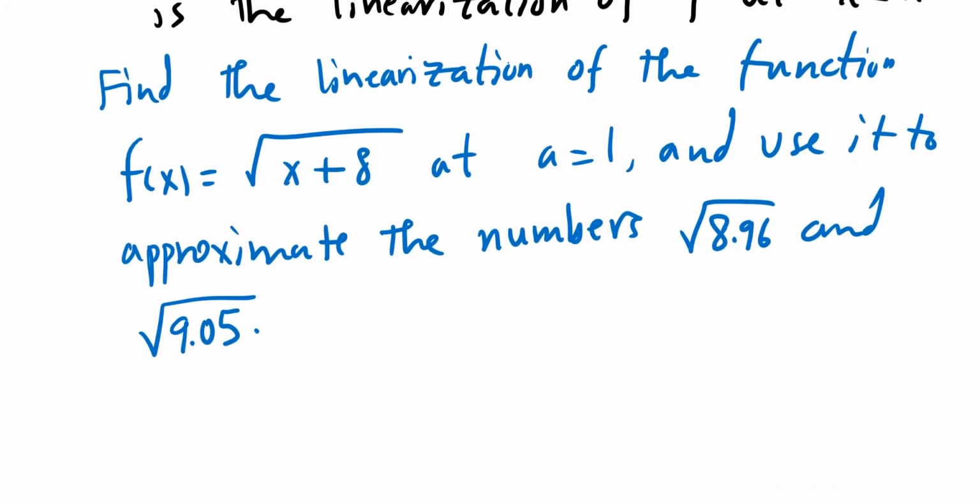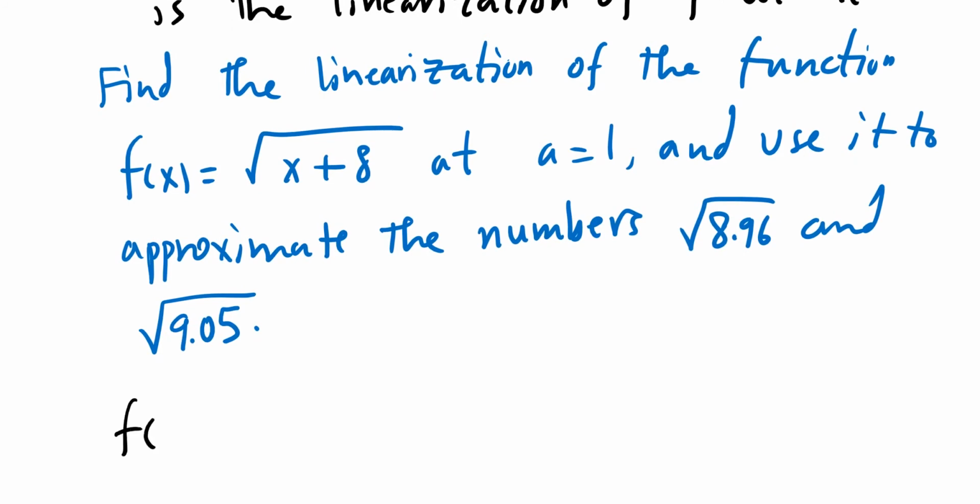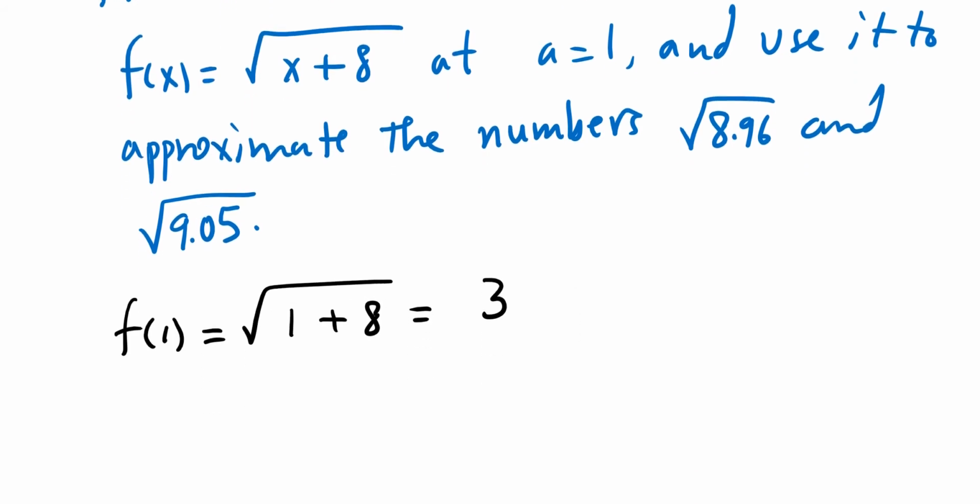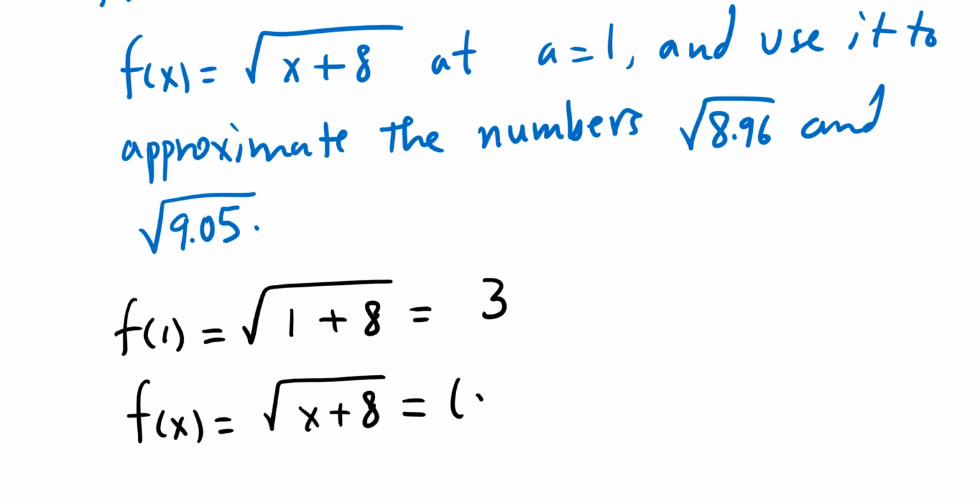How do I find f of a? Well, just substitute. F of 1 is the square root of 1 plus 8. That's the square root of 9, which is 3. That's f of a. Now we need to find the derivative of that function at that point. How do I find the derivative of this function? We rewrite it as (x plus 8) to the 1/2.